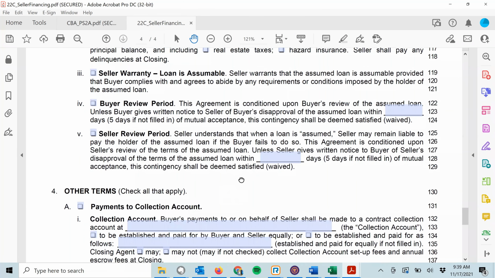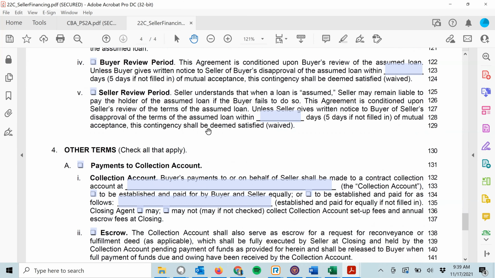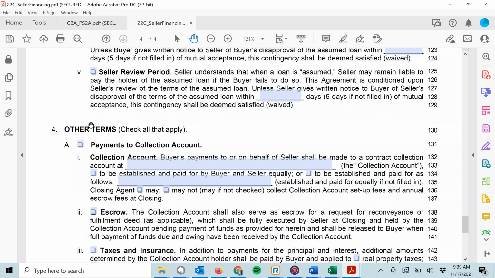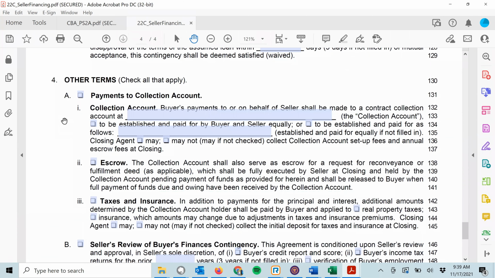Because that's the most common thing that happens: the lender might say yes to Laine assuming my mortgage, but they're not going to let me off the hook. If Laine fails to make payments, they're going to come after me. So that's what they mean by remaining liability. All right, so none of that applies to Laine's example, but paragraph 4 could apply if they chose, right?